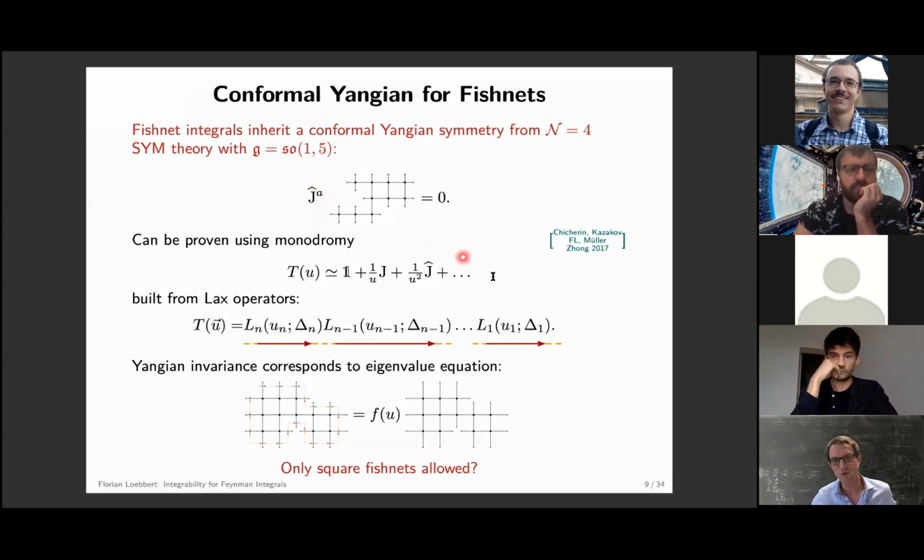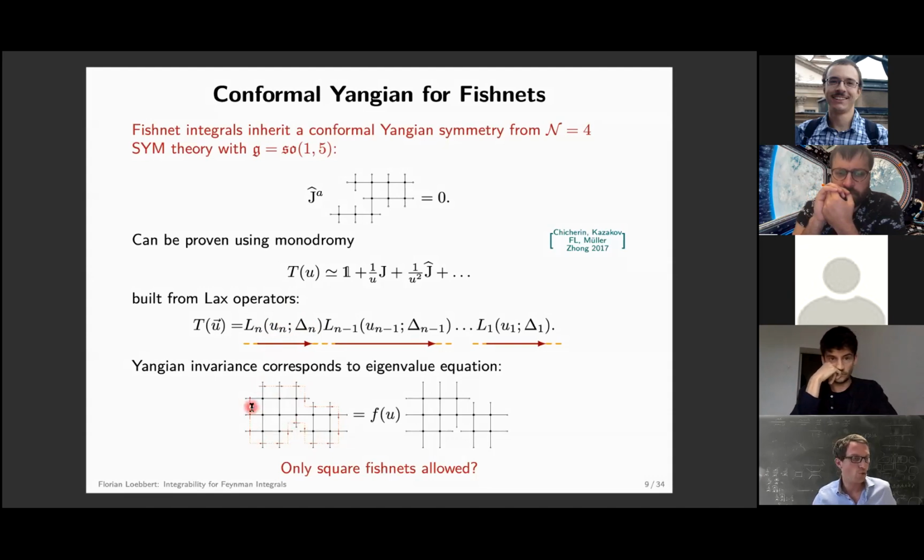And this can be shown using monodromy, which is a generating function for the Yangian generators, and which is, as usual, defined in terms of such Lax operators that depend on a spectral parameter and a conformal dimension. And if you introduce this graphic notation in terms of these arrows for these Lax operators, then one can act with this monodromy on a Feynman graph by acting here on all the external legs.